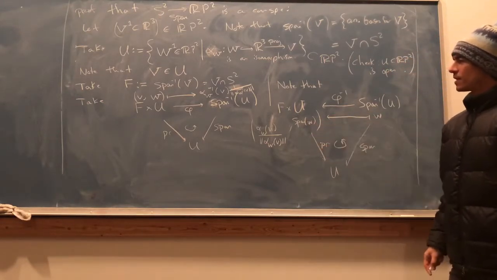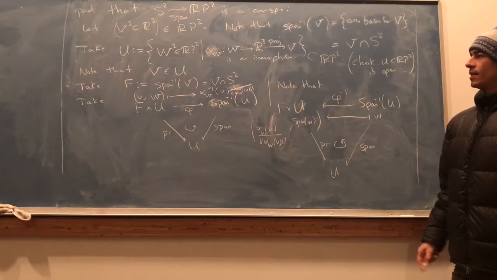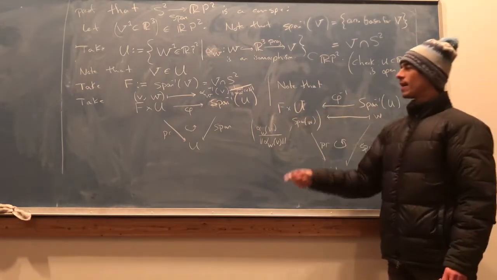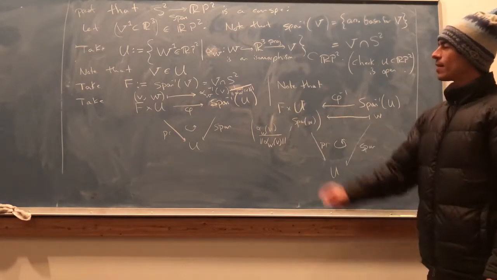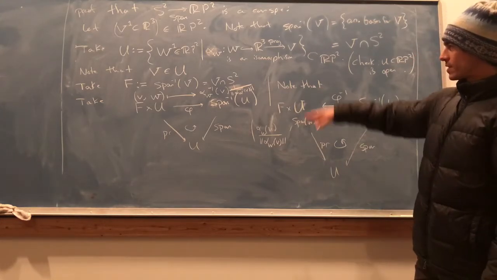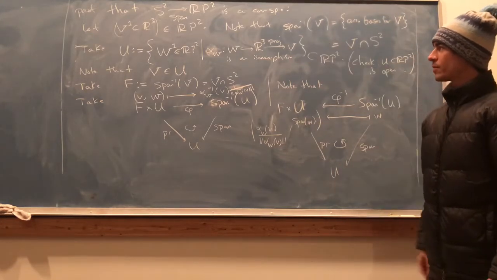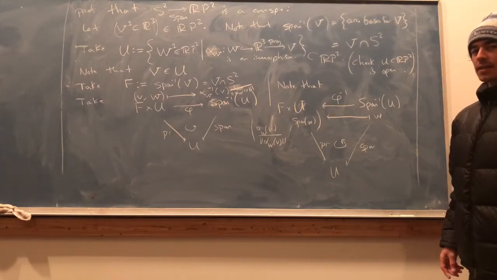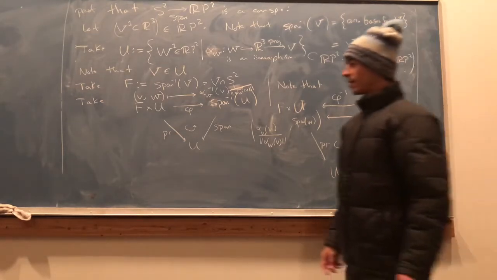Phi inverse is also continuous, and you can check that it actually is the inverse of phi. So that shows that phi is a homeomorphism. So this finishes the proof that the two-sphere mapping to RP2 by span is a covering space.